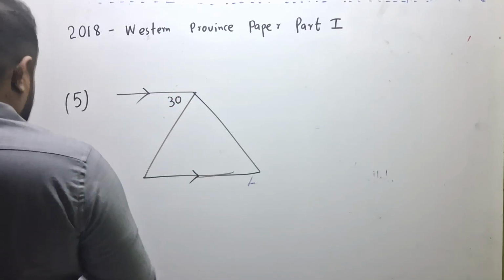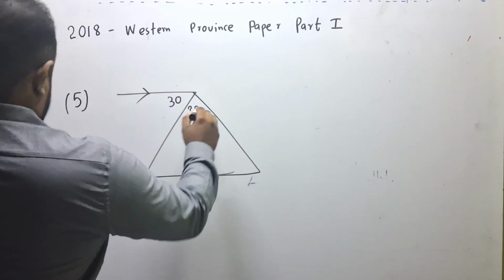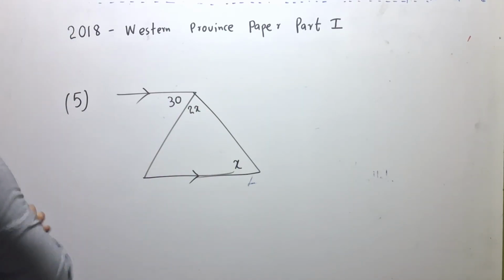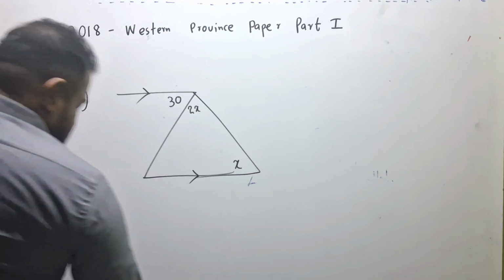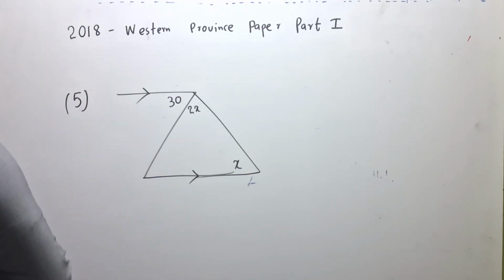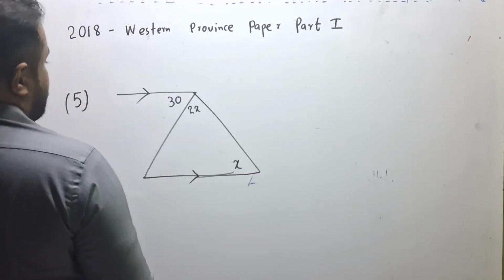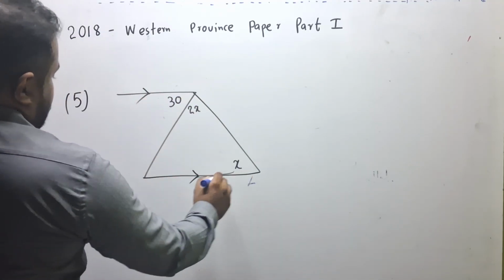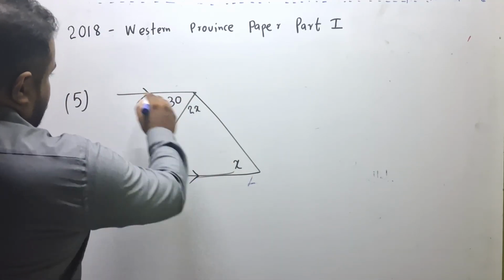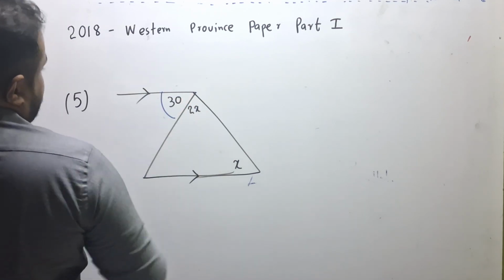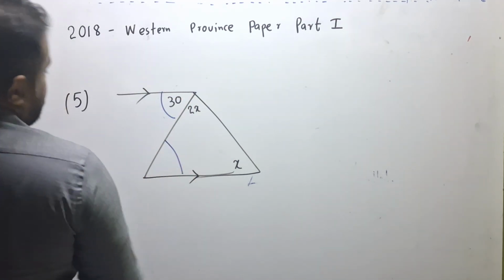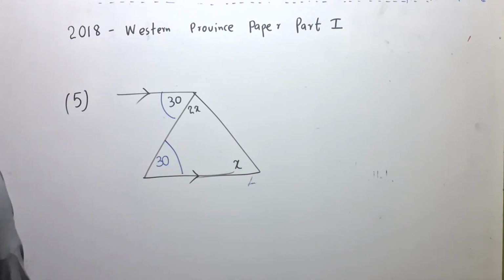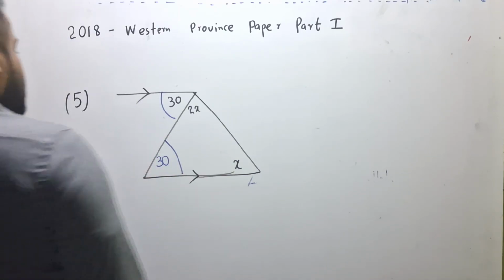And this angle is 2x and this angle is x. Now I will mark what data can be gathered from the data given in the question. If this is 30 and these lines are parallel, this angle and the 30 are equal, that means this is 30.